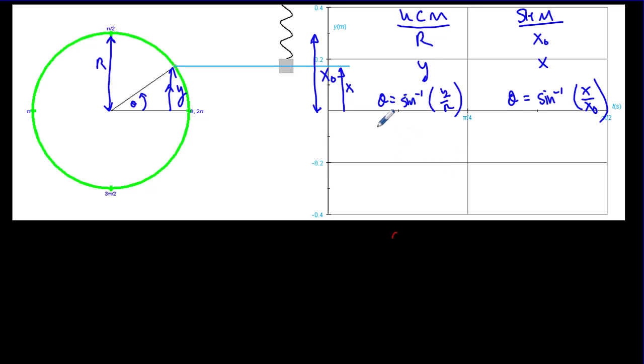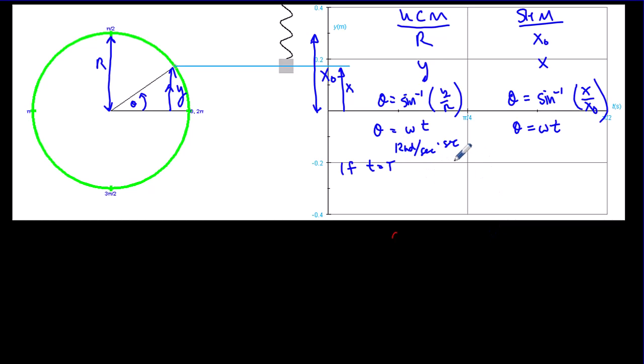In terms of time, theta is equal to omega times t. That is the number of radians per second, the angular velocity, times the number of seconds, so that we get an angle in radians. And we're going to do exactly the same thing in simple harmonic motion. So now you'll notice, if we take the case where t is equal to the period, so we've gone through one full cycle, then of course we're expecting that the angle should be 2 pi radians.